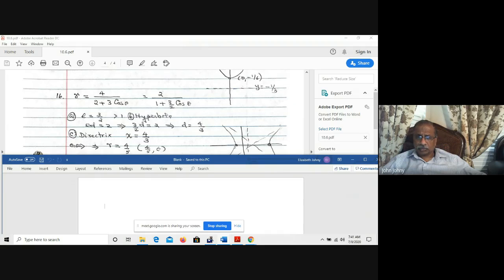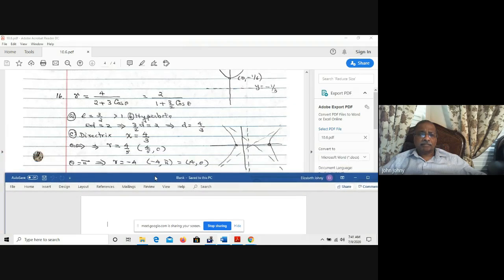This is in polar coordinates. And then theta is equal to pi implies r is equal to 4 divided by 2 plus 3 times cos pi, which is negative 1. So 4 divided by 2 minus 3, that is 4 divided by negative 1. R is negative 4 and theta is pi.